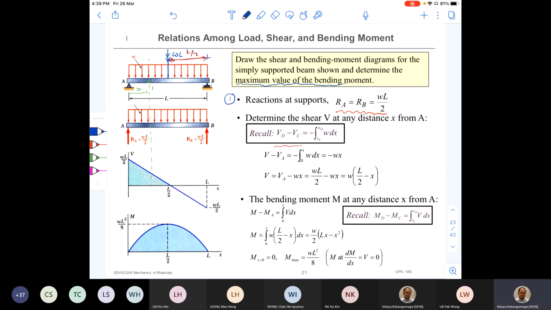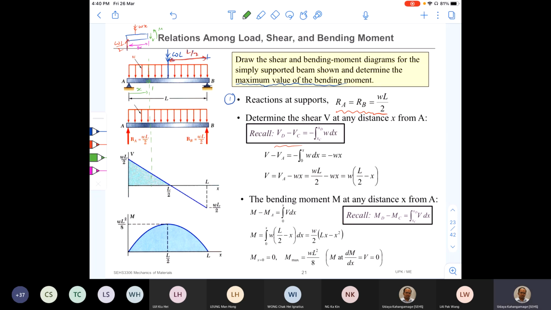If you draw the free body diagram, it would be like this. This is my reaction force RA, which is wL by 2. And then I have a concentrated equivalent load equal to w into x, because this distance here is x. And then we have shear force V and bending moment M.